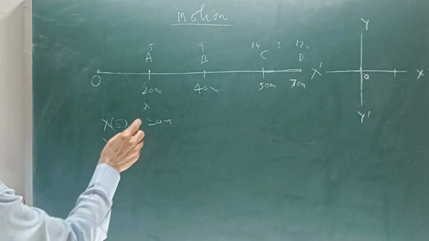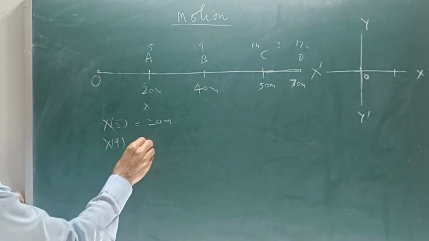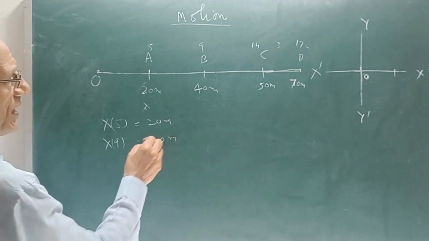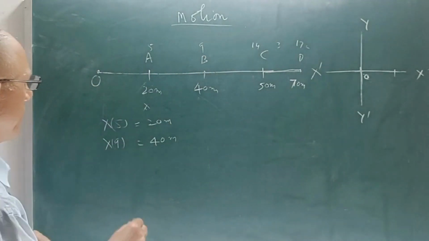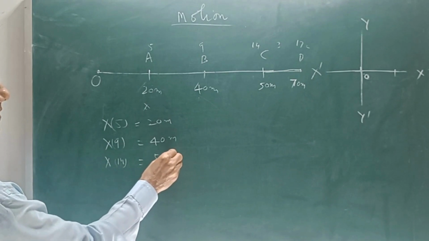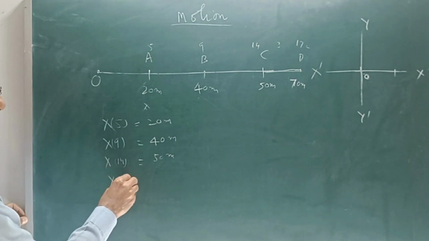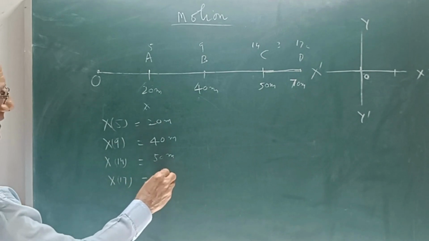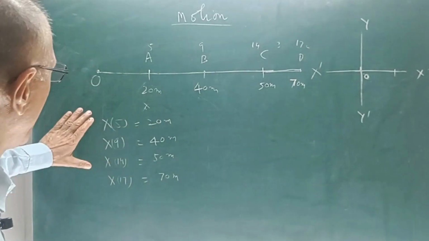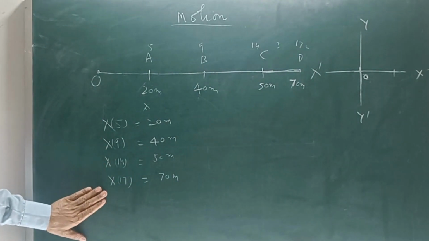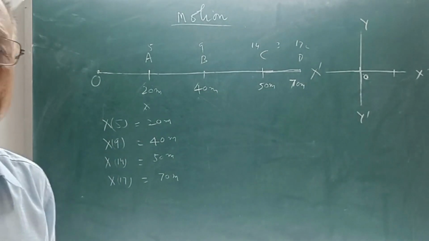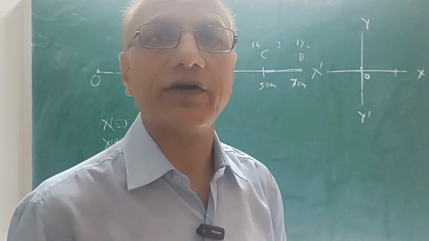So that means position at 9 minutes is not 20, it's 40. Similarly, position at 14 minutes will be 50 meter, and position at 17 will be 70 meter. Now, after defining these positions well, you will be able to find how much distance you have traveled in a certain interval.